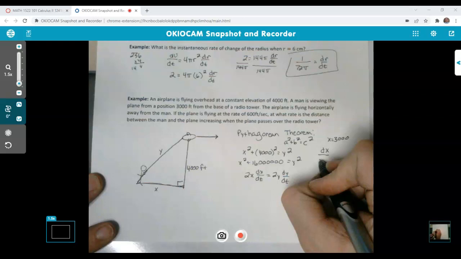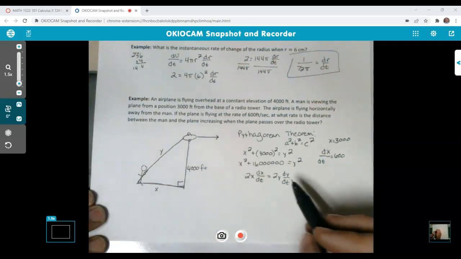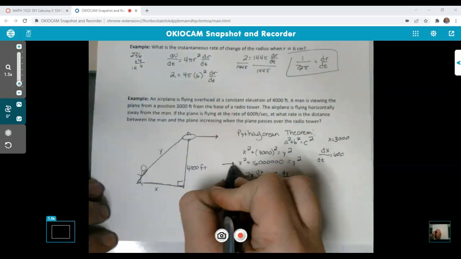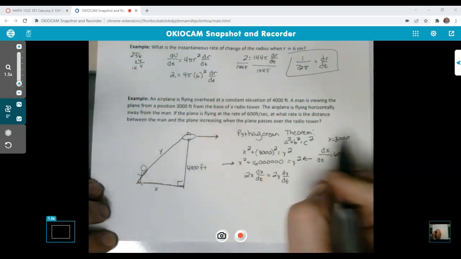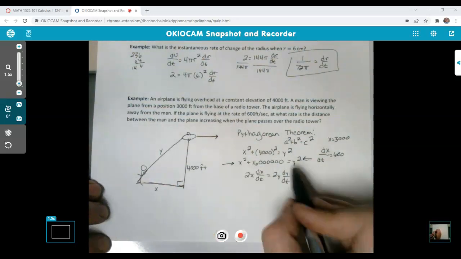Now, it's wanting to know the rate of change from the man to the plane. So it wants the rate of change of this side, which is dy/dt. So since I'm solving for dy/dt, I have to plug something in there for the y. Well, the good thing is I already have an equation right here on how x relates to the y. So since I know what it is for x, I can use that and get what the y is.